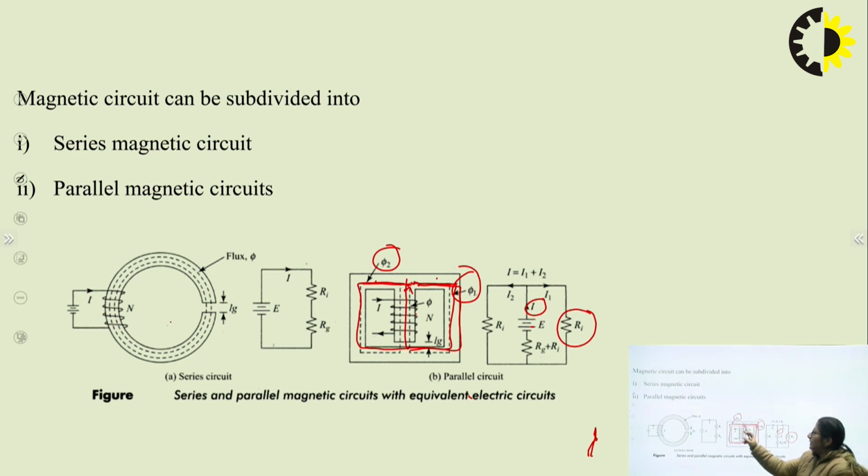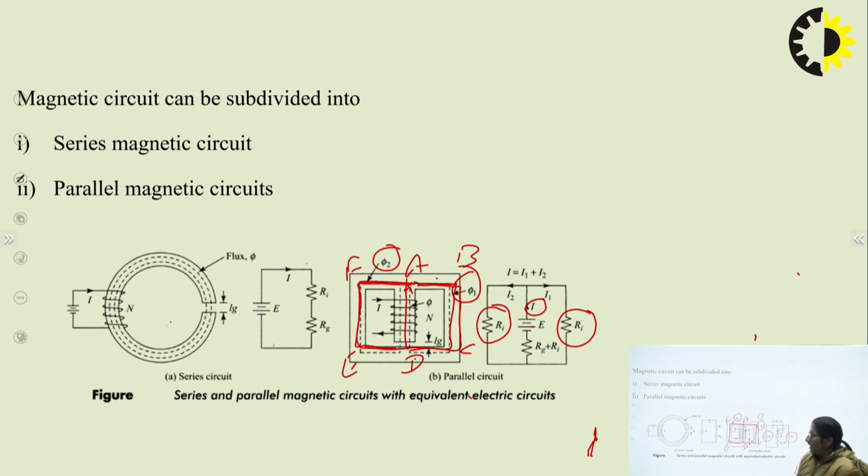Similarly, this path, let's name it. The name of these can be given, say A, B, C, D, E and F. So for the path ABCD, the reluctance offered and its electrical equivalent is given by R1. The reluctance offered for the path AFED and its electrical equivalent is given by the resistance, once again R2.